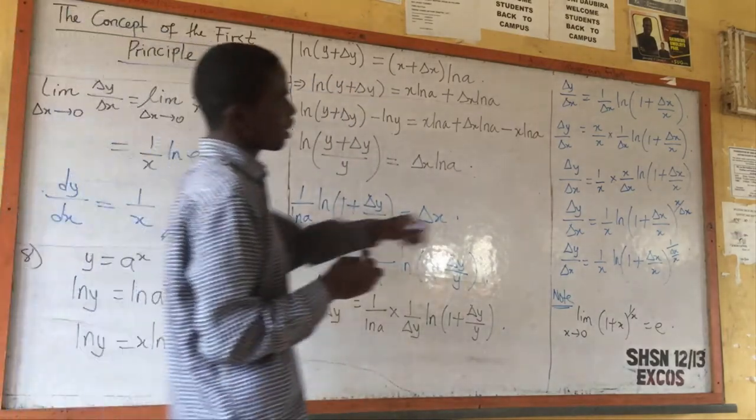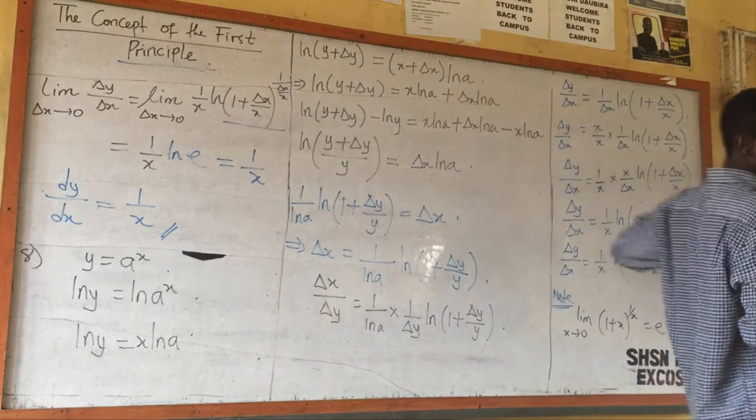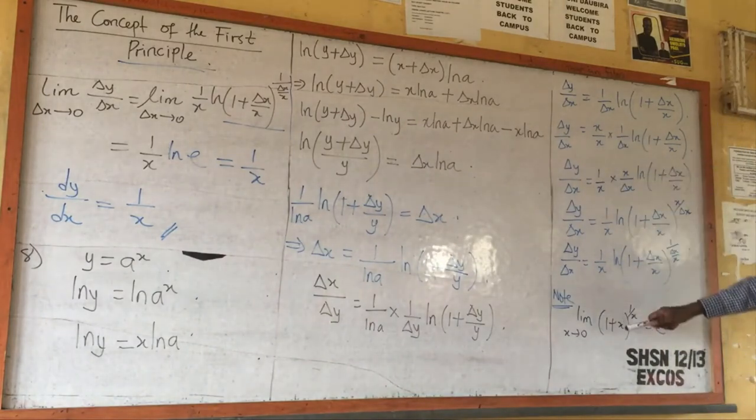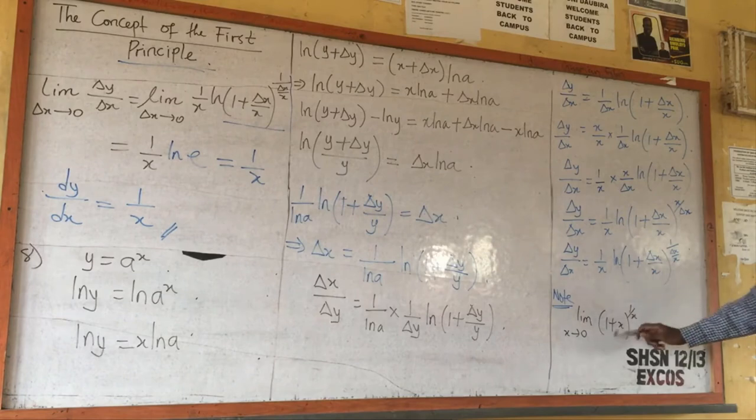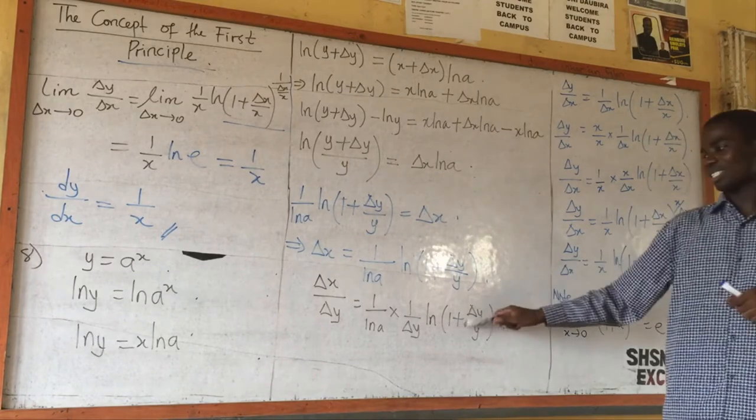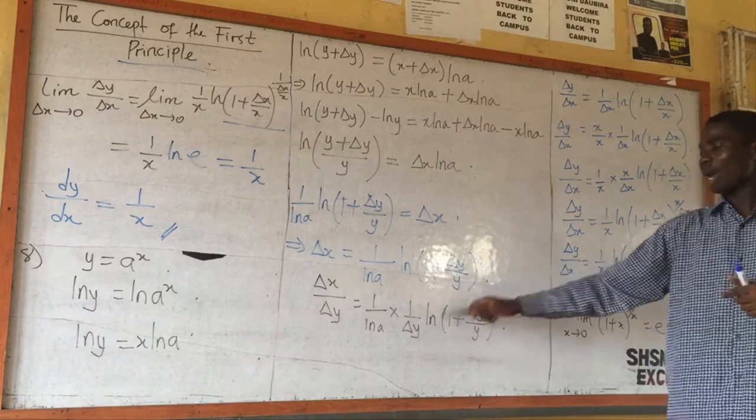Again, what I did here: I put s over s here. Don't forget, I'm approaching this limit. I have ln of 1 plus delta y over y, and I have 1 over y here.